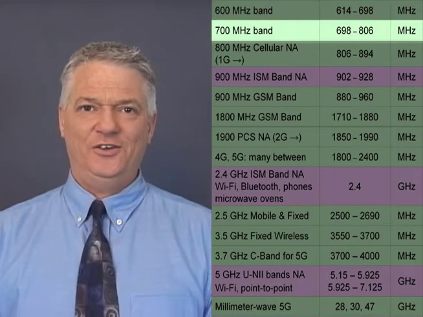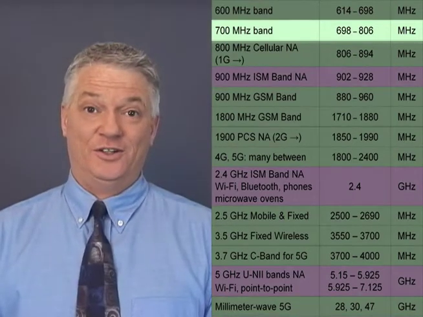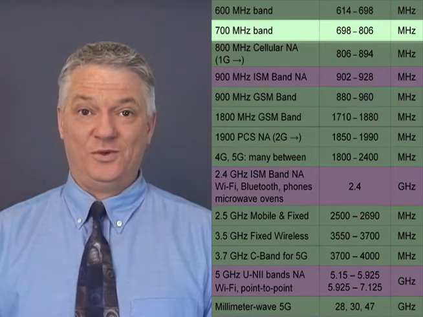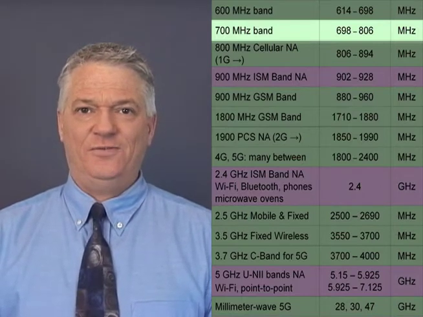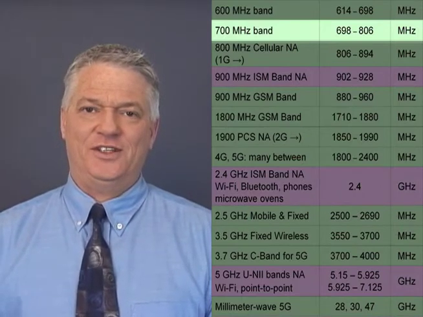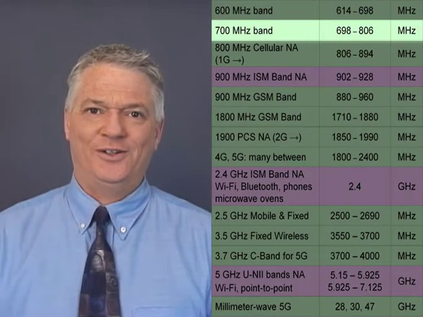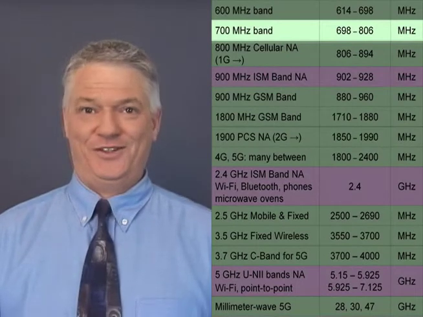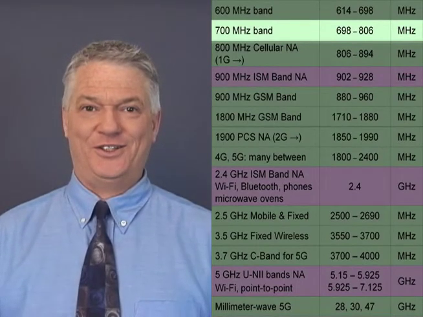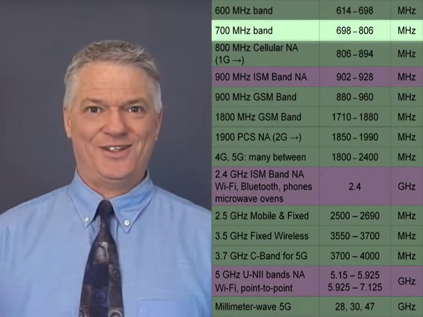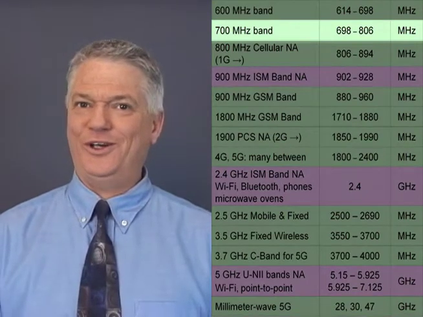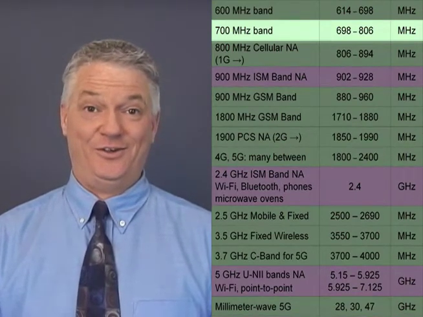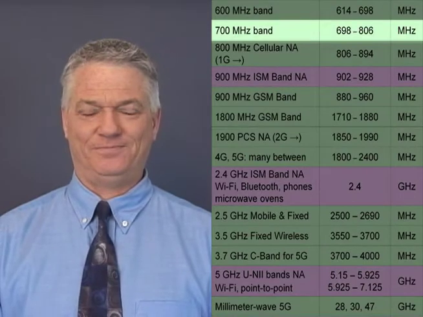There was a lot of interest in the 700 MHz band because, as we're going to see, as the frequency decreases, the penetration through walls and the refraction around objects is a lot better. And so carriers looking to provide services over longer distances and inside the home are quite interested in getting these 700 MHz frequencies.